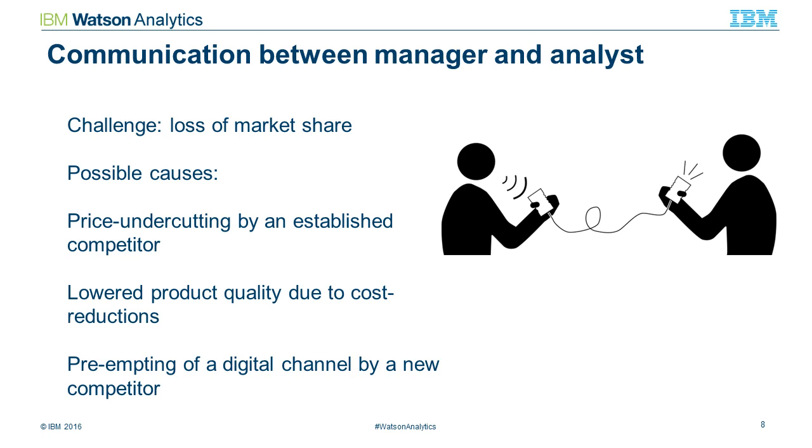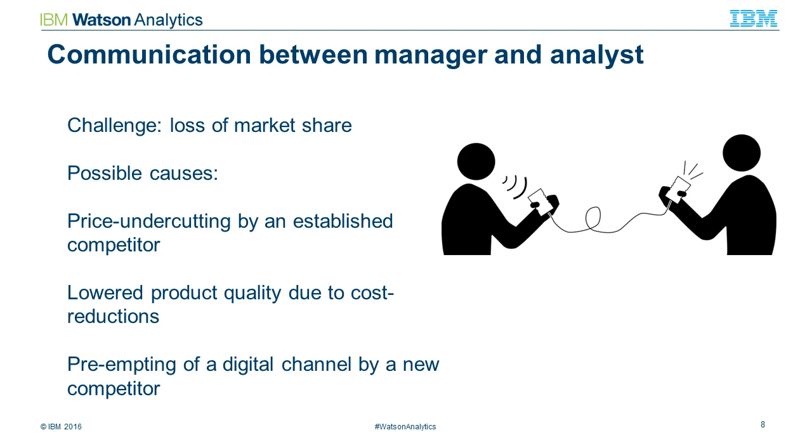So we could have a situation where the customer loss is because of a competitive action. Maybe a competitor is trying to get us into a price war or is undercutting us on prices. Or it could also be that our service quality or product quality has been lowered due to our own cost-cutting efforts.